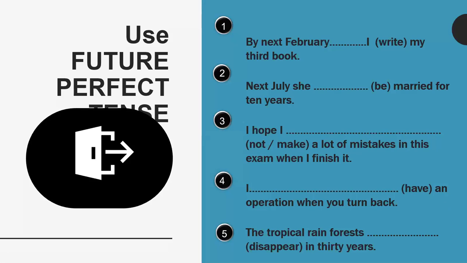You know, what does it mean, disappeared? Disappear, what does it mean? Musnah, right. Because people cut and there is a lot of illegal logging, they cut the trees, especially in Kalimantan, Sulawesi, Sumatra.